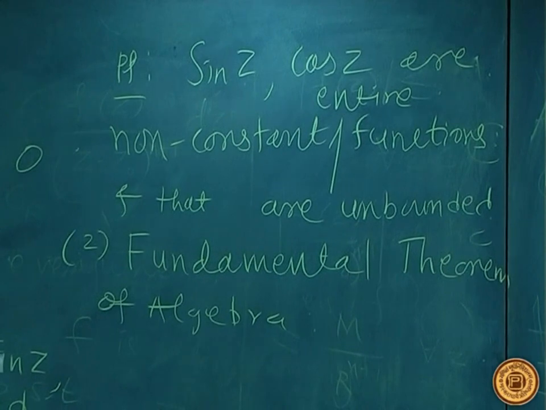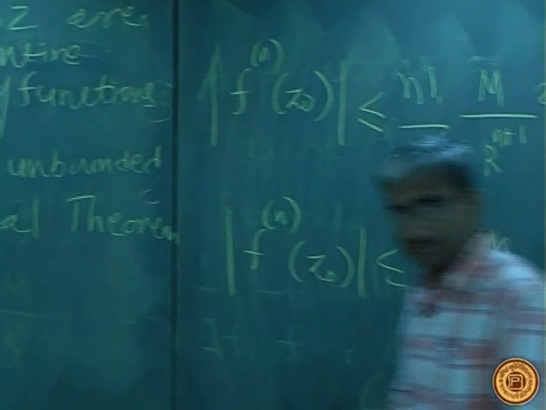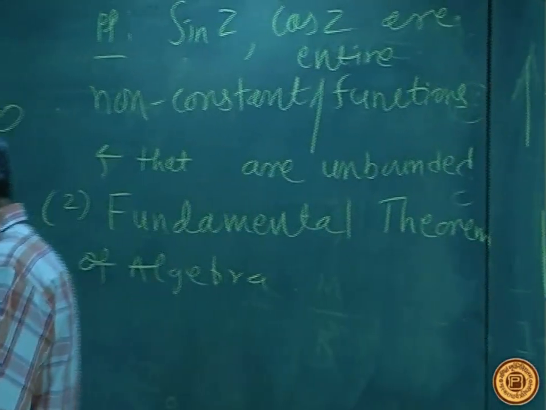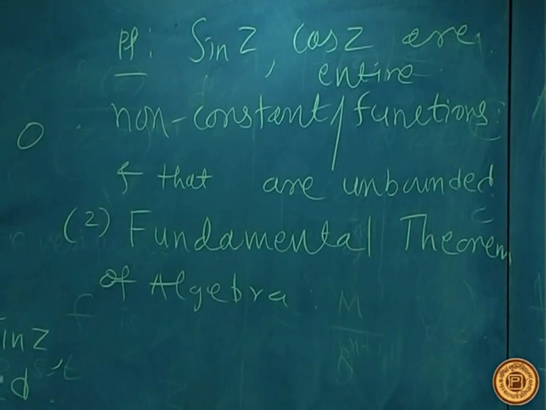So can you tell me the statement? Is there anyone who knows the statement of the theorem? The theorem says that every polynomial has a root in C. Okay?